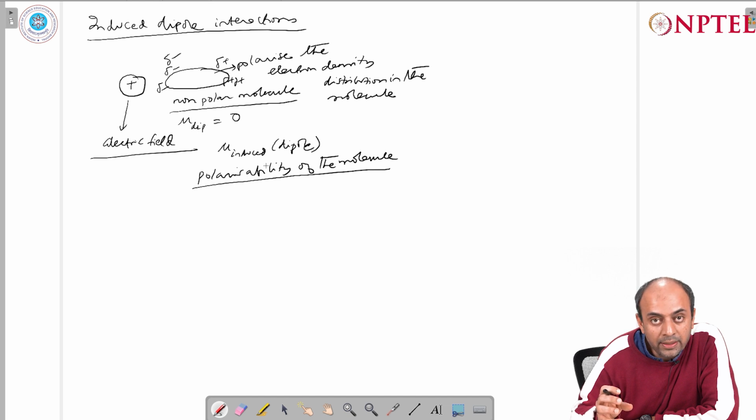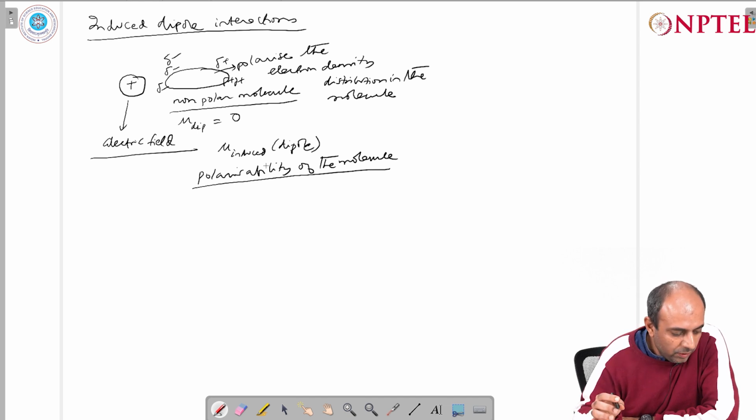If it is tightly packed electron density, or electron density which is strongly held by the nuclei, for example triple bonds or double bonds, where the electron density is relatively tightly held by the nuclei, then it will be difficult to polarize this kind of bond. So the magnitude of the dipole moment which is going to be induced will depend upon two factors.